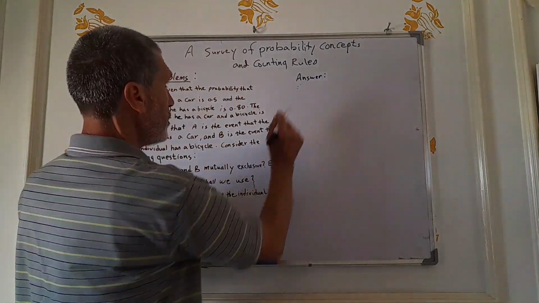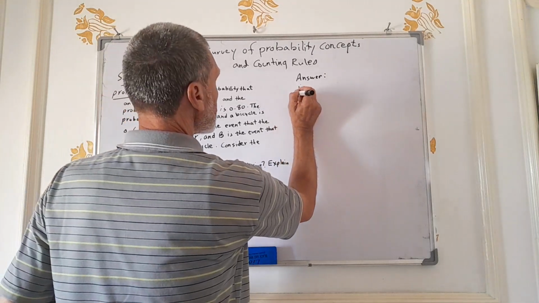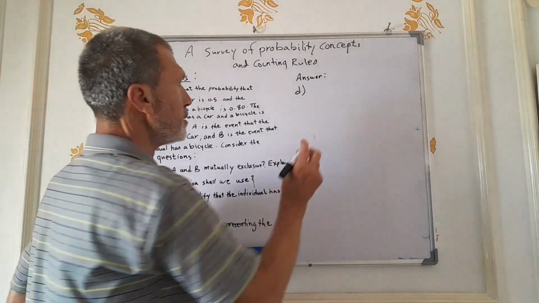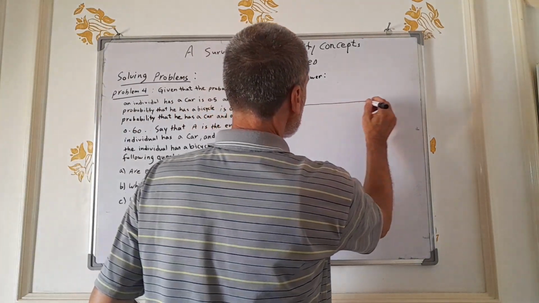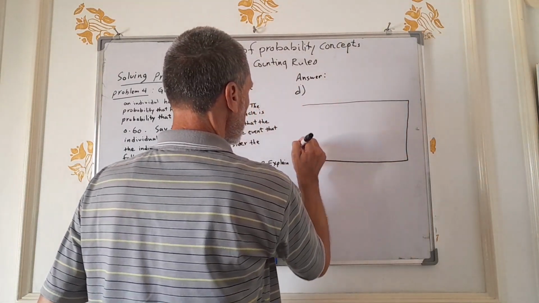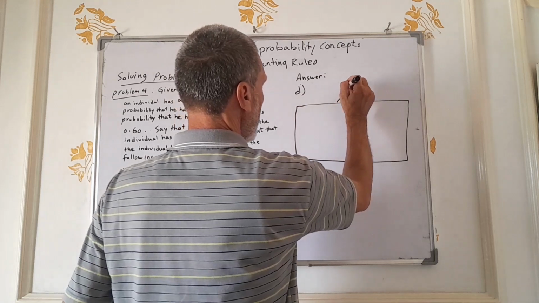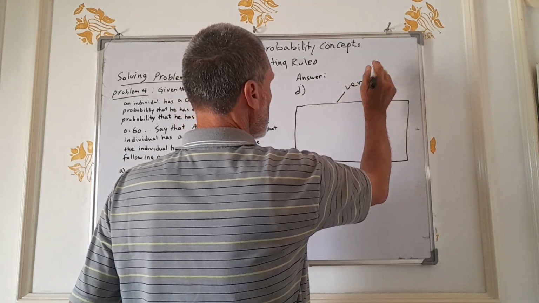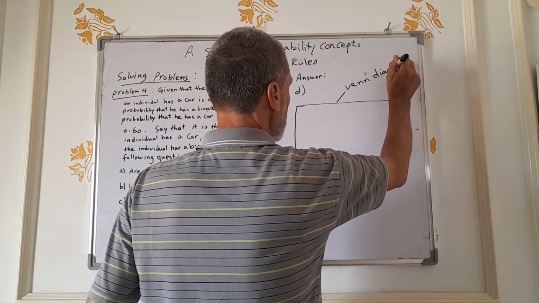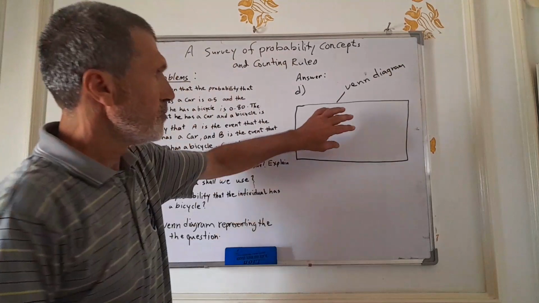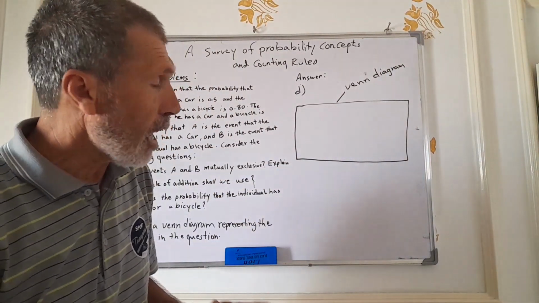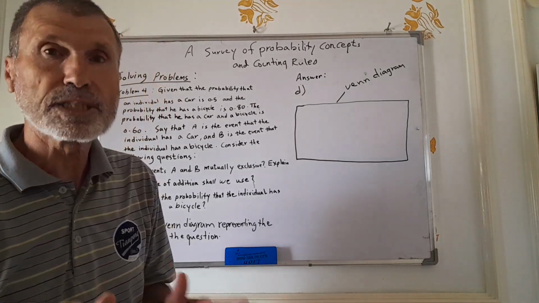Okay. Now, answer D. So to draw a Venn diagram, we first draw the rectangle. This is the Venn diagram. This Venn diagram represents all the outcomes that are included in the sample space.